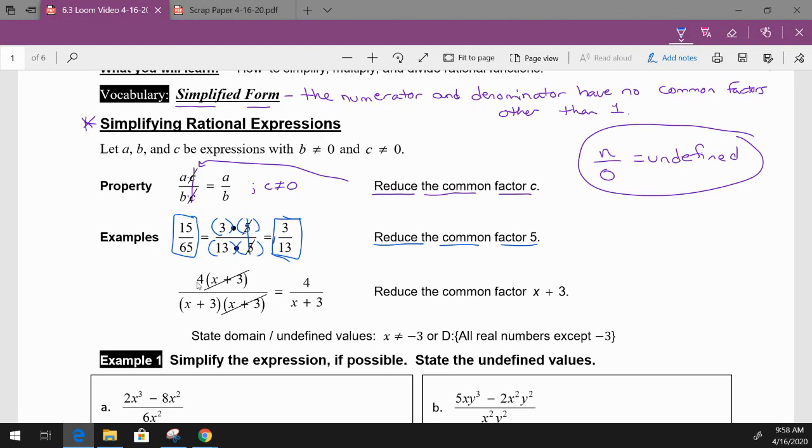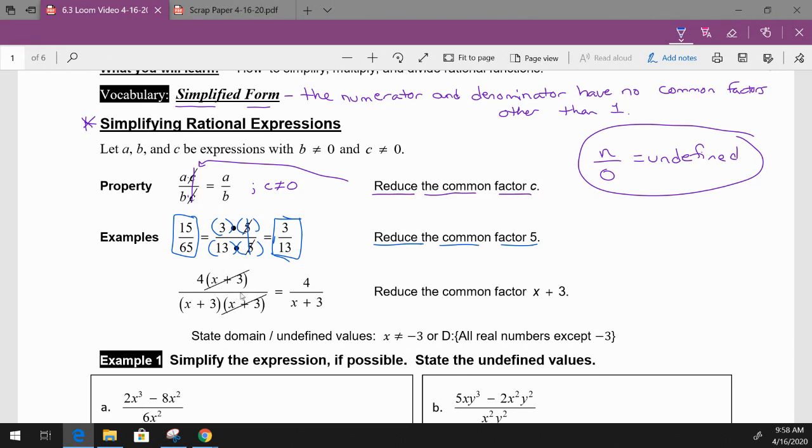You don't always have monomial factors. Sometimes you'll have a binomial factor, something that is two terms rather than just a single number or a single variable that they have in common. If you have a binomial, you can only reduce a binomial factor with another binomial factor in the denominator that is identical to it. So the terms and the signs and everything has to be the same.